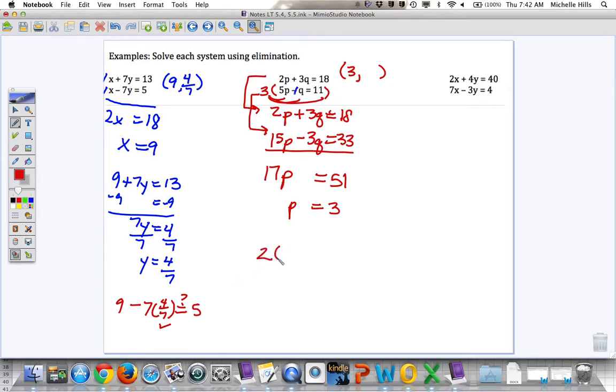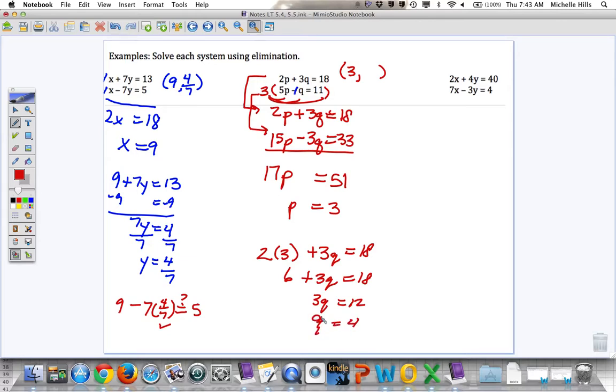So 2 times 3 instead of 2 times p, plus 3q equals 18. So 6 plus 3q equals 18. When I subtract 6 from both sides, I get 3q equals 12. And when I divide both sides by 3, I get q equals 4.